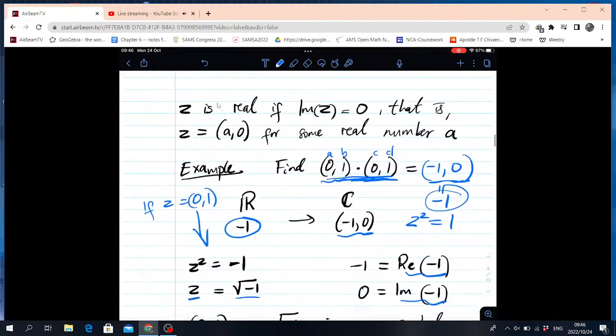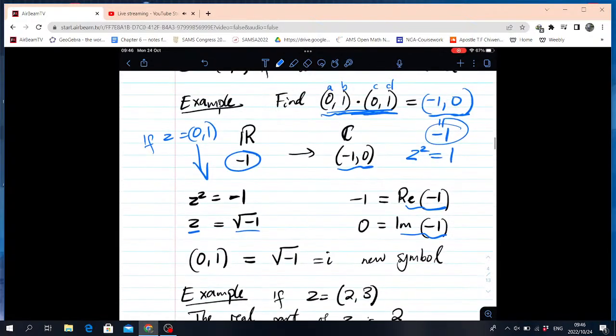So if you look at this, what we're actually saying is (0, 1), because we squared (0, 1) here and we got -1, is equal to the square root of -1, which we then call i, which is our new symbol there. And then from here, once we fix it like this, we get a new way of writing our complex numbers.